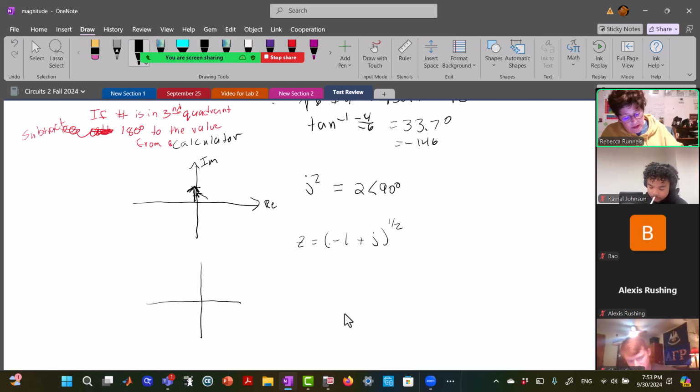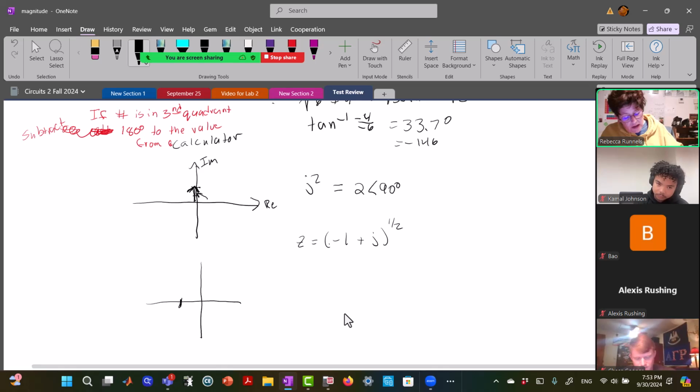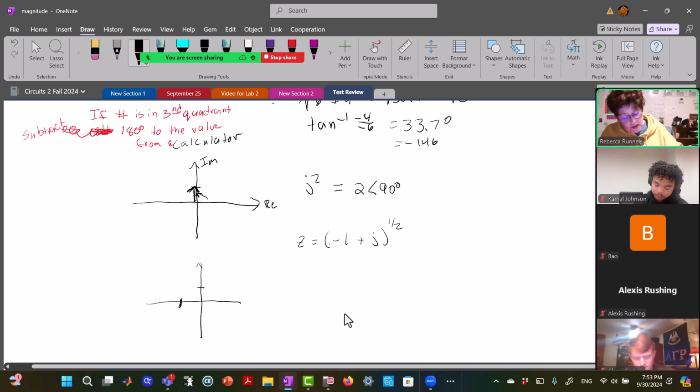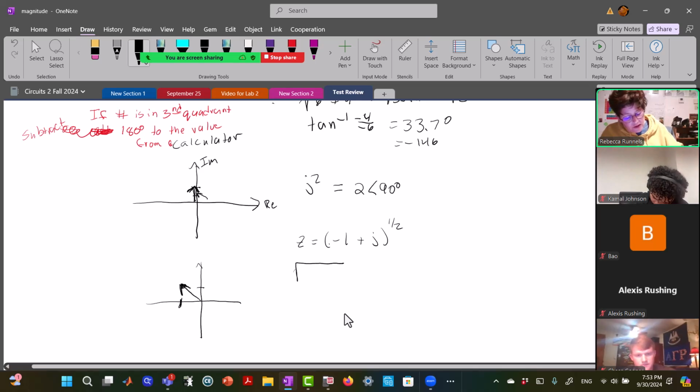I'm going to do this by kind of thinking about it. So minus 1 is this way on the horizontal axis, plus j is up 1 on the imaginary axis. So that's right there. And this is going to have magnitude the square root of 1 squared plus 1 squared, or the square root of 2.